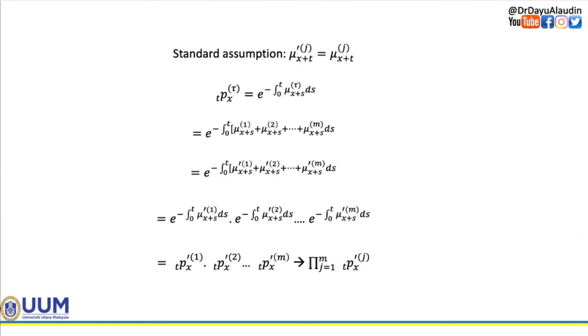So the standard assumption, the first, is that μ_(x+t)^(j)' is equal to μ_(x+t)^(j), without the prime, the normal one. And finally, we get ₜp_x^τ is equal to the product of ₜp_x^(j)'.